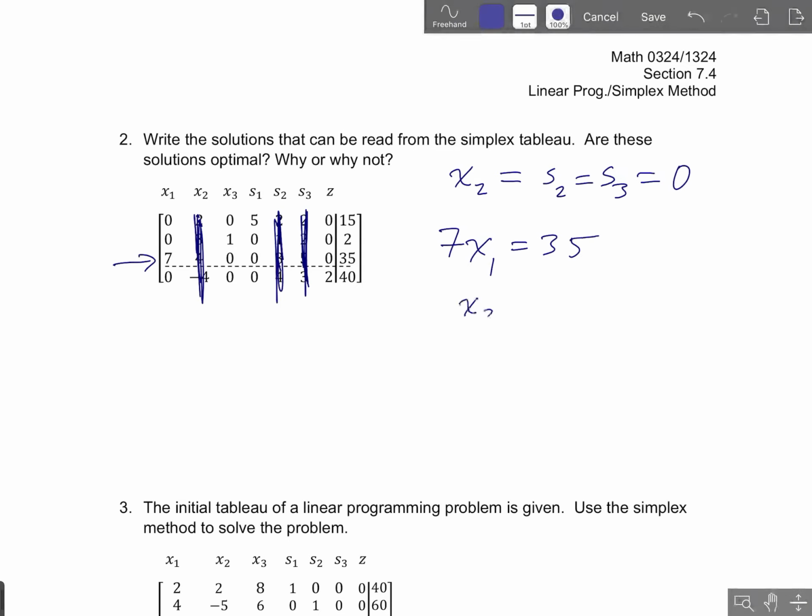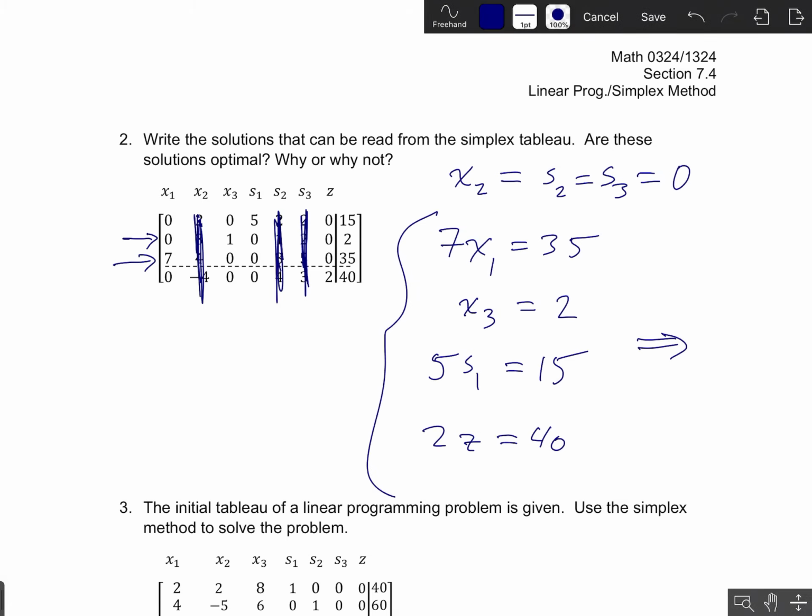I can do the same like this. Let's say I want to know x3 now, then I would be translating this row, because that's the row that has the non-zero x3 entry. So this would say x3 equals 2, and then we have 5s1 equals 15, and then 2z is equal to 40. For a lot of these, you can mentally just compute the values of the variable.